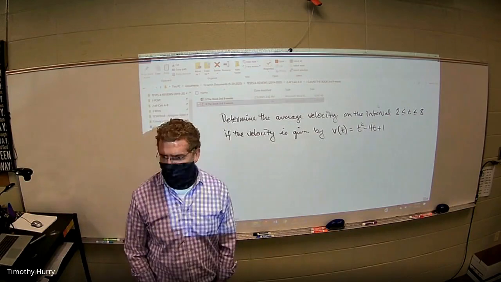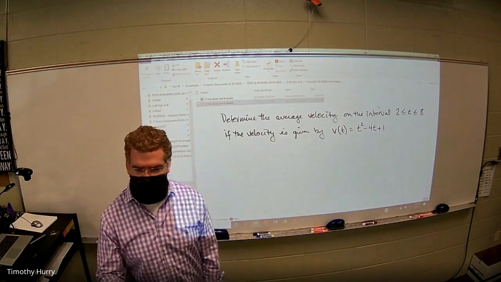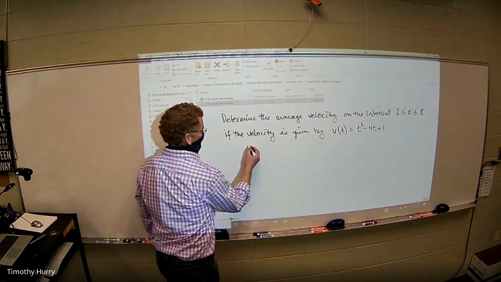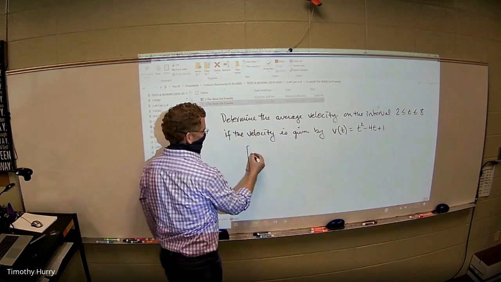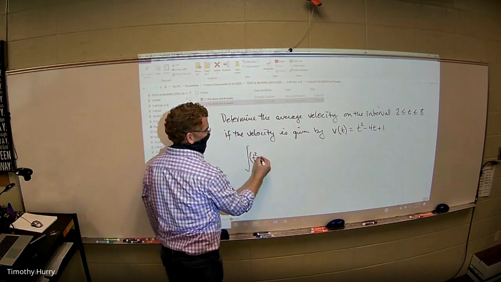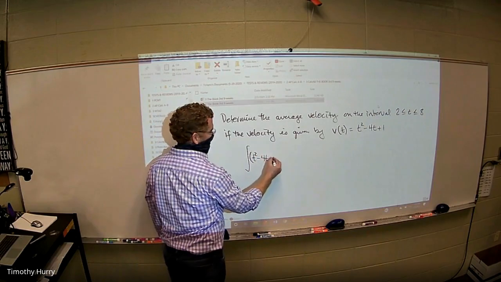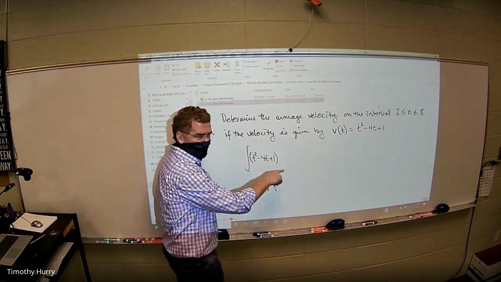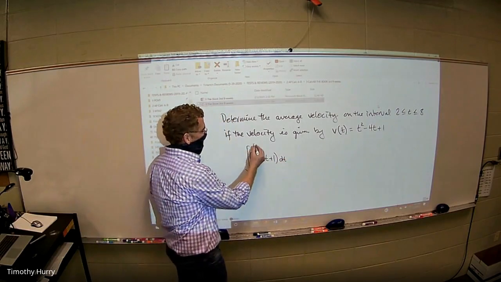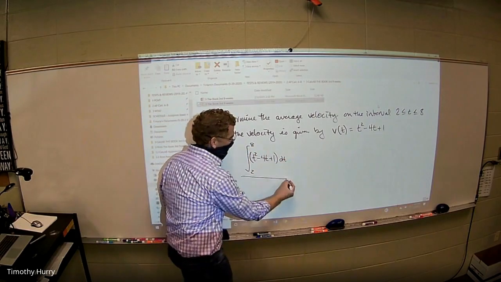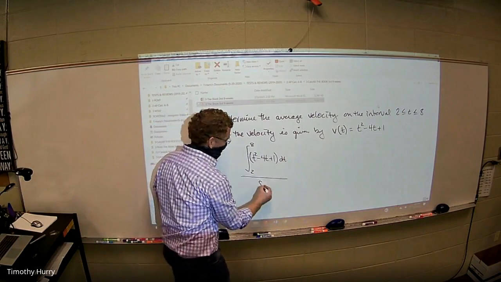I guarantee you it's average value, which is the integral of the function from a to b, over b minus a. So I'm going to integrate the velocity from 2 to 8 divided by 8 minus 2.